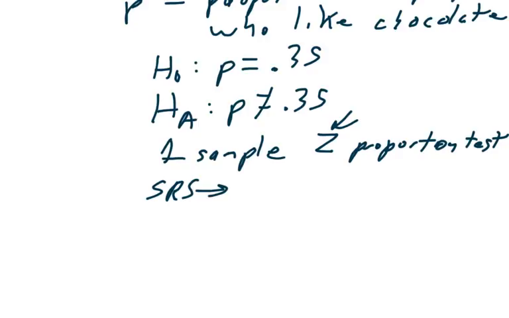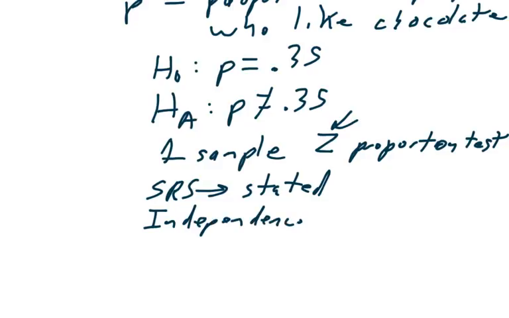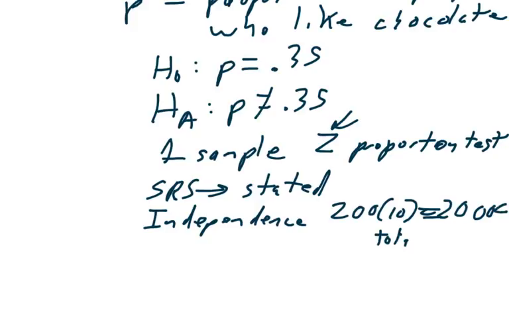SRS is stated. Independence. Well, we have 200 people times 10 is equal to 2,000, which is less than the total ice cream customers.